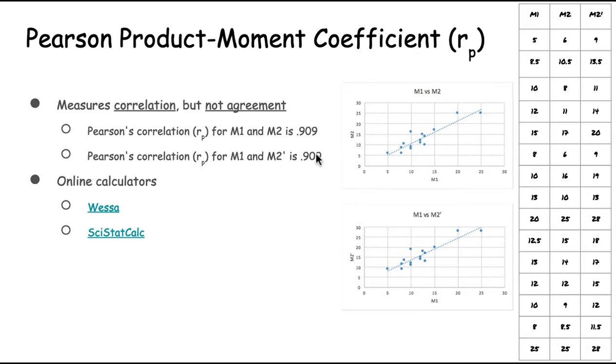So you have to be a little bit careful about looking at your data, graphing it, making sure that if you're interested in both correlation and agreement, you either need to find a way to do the ICC or just be careful when you're evaluating it with Pearson's.